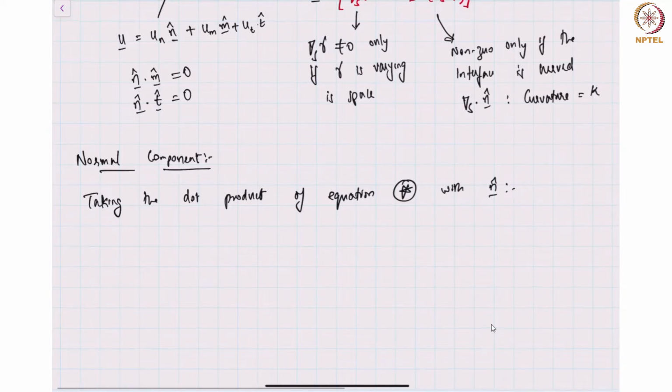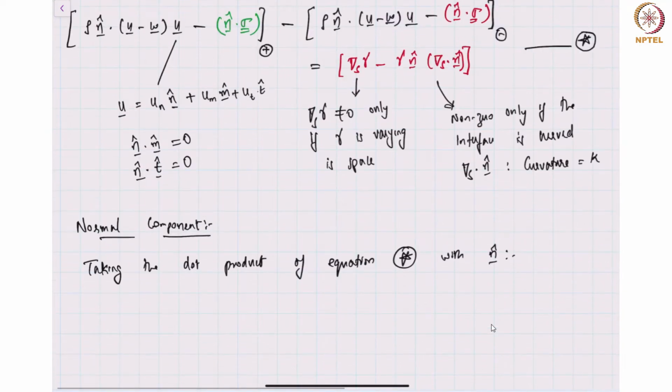If I do this, then I straight away get rho, n dot (u minus w), which can simply be written as un minus wn. And what I have next is un, that is n dot u, minus n dot sigma dot n on the plus side.